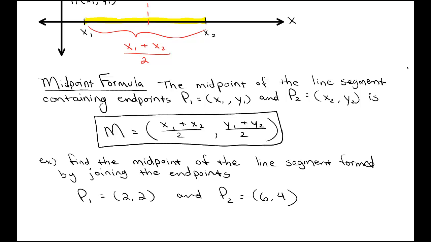I always like to label my points so I don't get confused. I'm going to call 2 comma 2 X sub 1 Y sub 1, and I'm going to call the ordered pair 6 comma 4 X sub 2 Y sub 2, and I'm going to substitute.